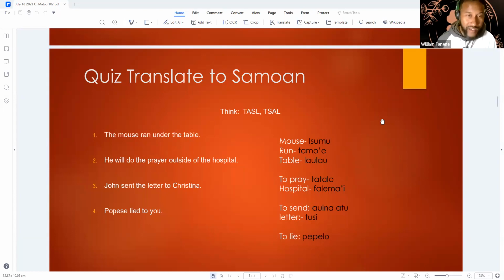I just wake up, kind of like keeping a journal, and write what my plans for the day were, even if I didn't know the words. Now you can look them up. Several years ago, the Samoan vocabulary really wasn't that great online, but now you can look them up.